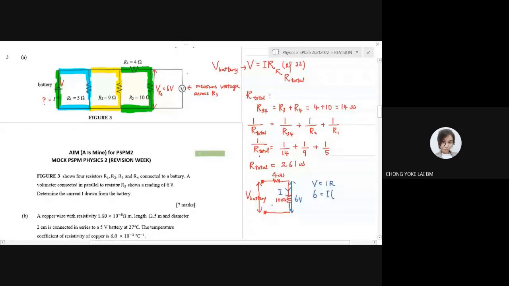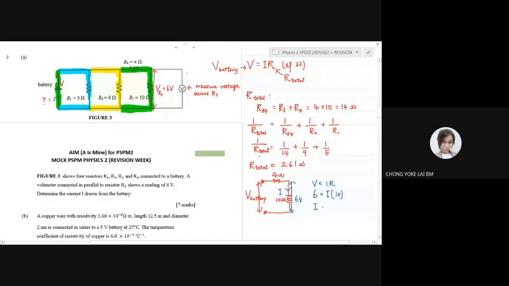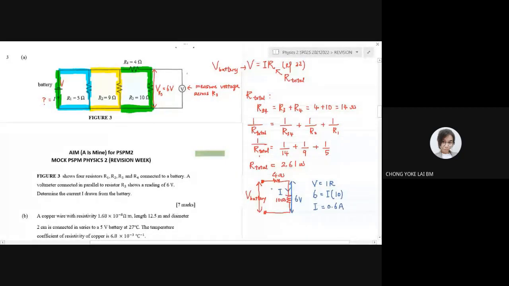The resistance is 10 ohm. So saya dapat current that flow through the 10 ohm resistor is 0.6 ampere. Okay. Dan kita understood R4 dengan R3 ni connect in series.